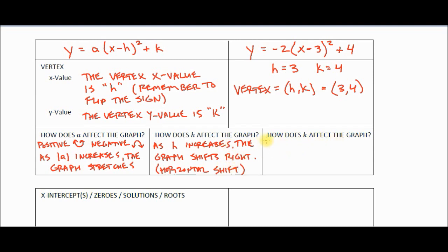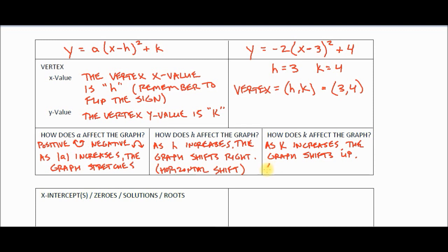And then the k, how does k affect the graph? As k increases, the graph shifts up. And that means the opposite effect will be true if k decreases, the graph shifts down.